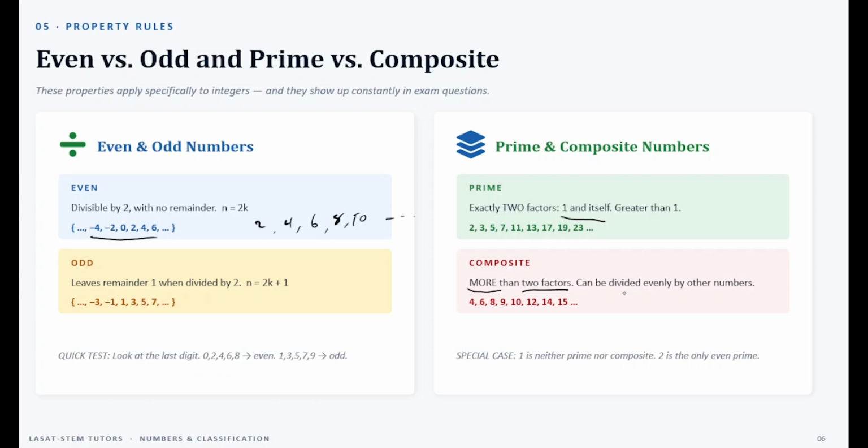So you have numbers like 10. 10 can be divided by 5, it can be divided by 2, it can be divided by itself, it can be divided by 1. The thing to take note of is that 1 is neither a prime number nor a composite number. And 2 also is the only even prime number.